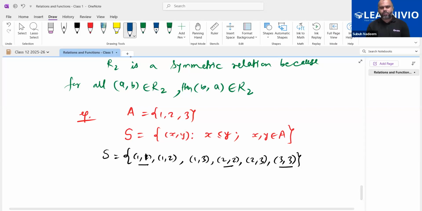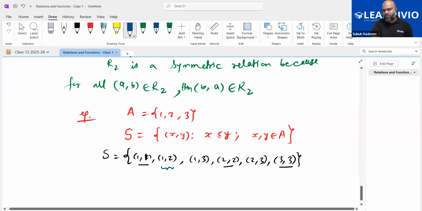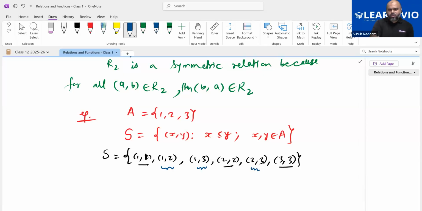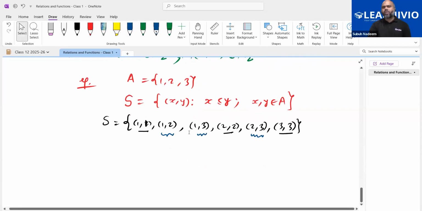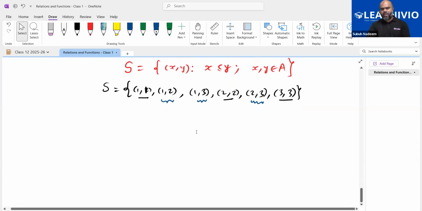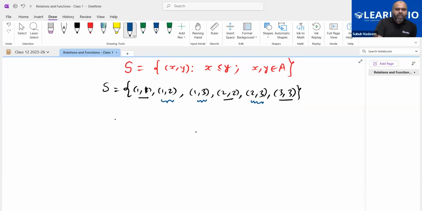No, sir. It is not symmetric because 1 comma 2 is there, but 2 comma 1 is not there. And 1 comma 3 is there, 3 comma 1 is not there, 2 comma 3 is there, 3 comma 2 is not there. And it is obvious, even if you don't write these elements, you know that if x is less than or equal to y, then y is less than or equal to x is not necessary.